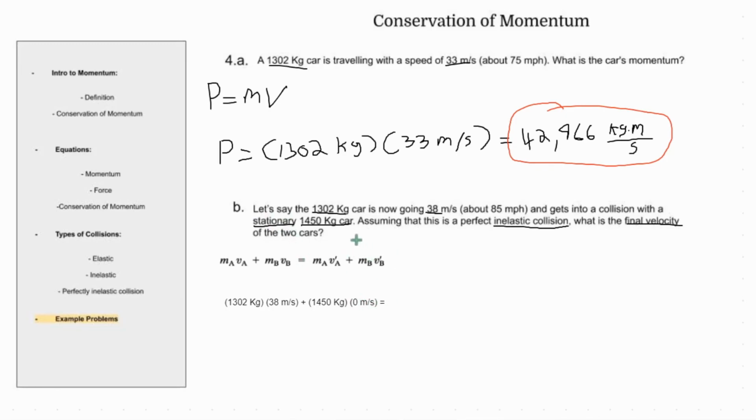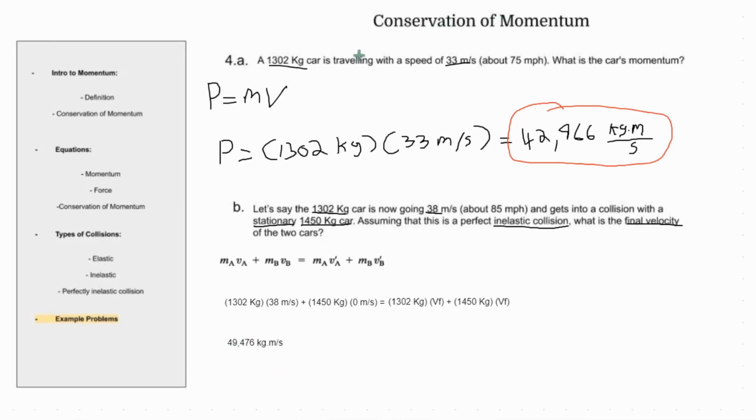Next, we'll try to fill out the right side of the equation. The masses are still the same, but we don't know the final velocities. Next, we'll try to calculate the left side of the equation since we have no variables there. We get 49,476 kilograms meters per second, which is the momentum.